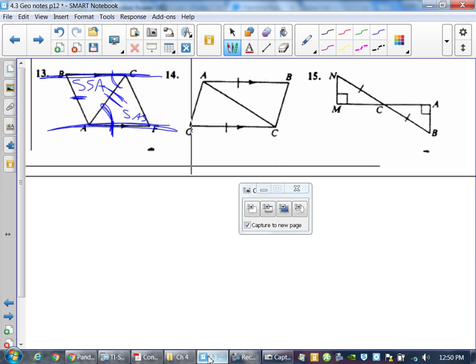No. Their tick marks don't match up. There's no way of writing them that they're going to work because the angle isn't between on both pairs. You can have congruent sides, you can have this one congruent angle, but we have no idea what this angle is to make it work. So this one is another no. Not congruent. Okay.